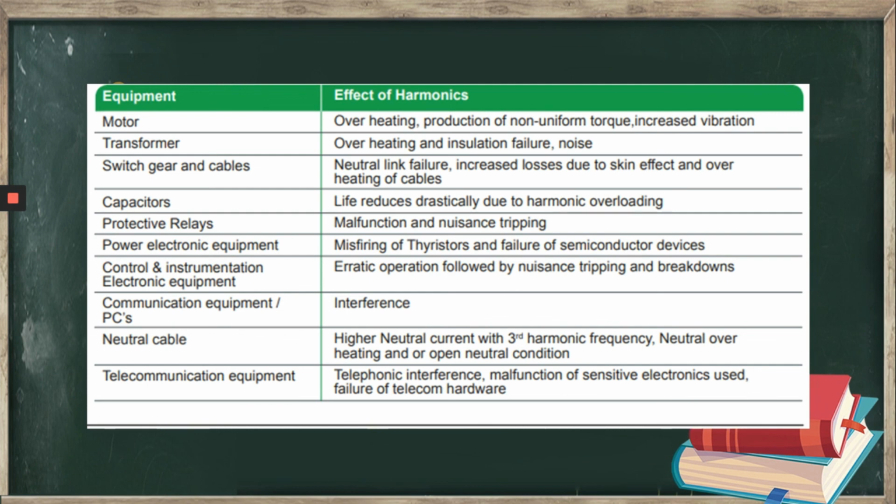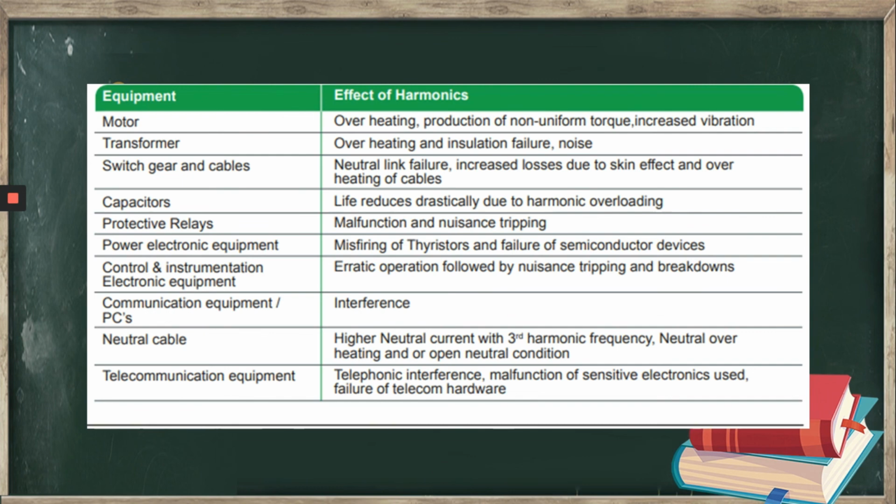The first one is motors. The motor can overheat, produce nonlinear uneven torque, and increase vibration. This will affect the harmonic signal. The second one is transformers: overheating, insulation failure, and noise.